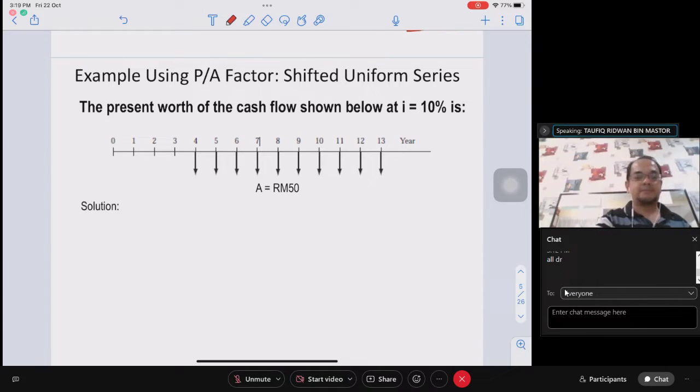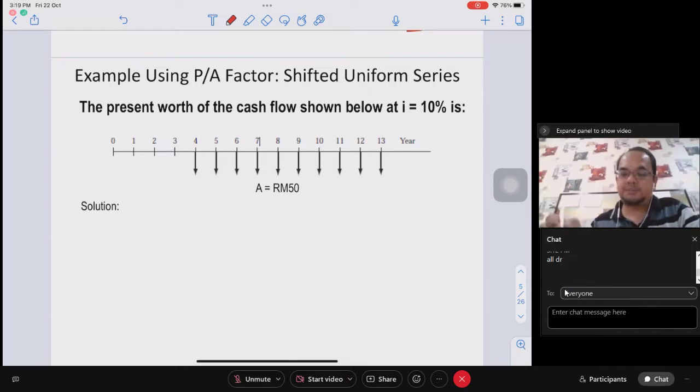Okay, thank you, Doktor. Ya lah. Berapa jawapan?